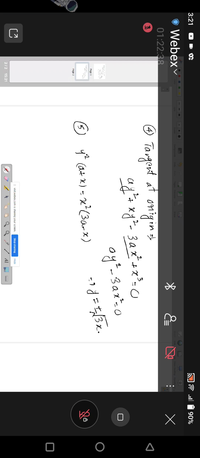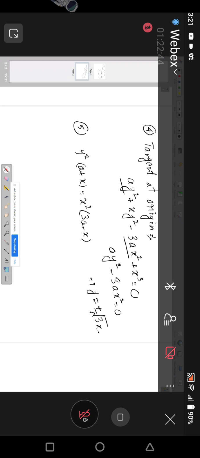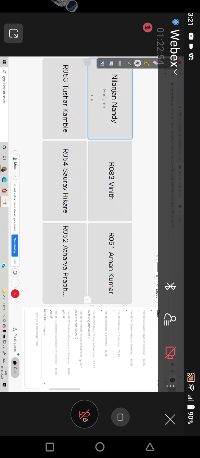Now can you tell me what is the region of this curve? Any idea? What is the region of this curve?